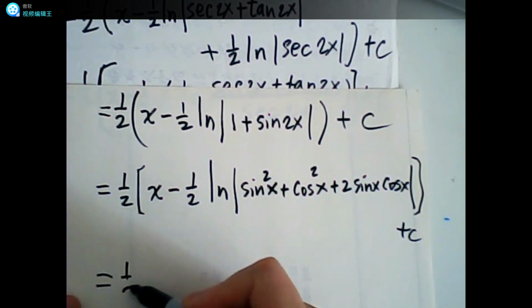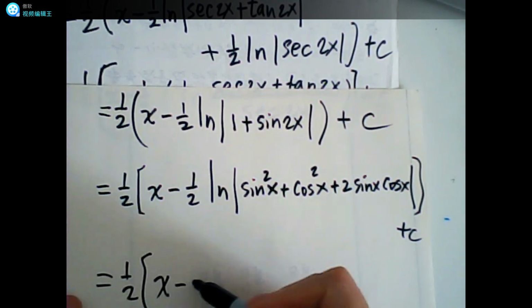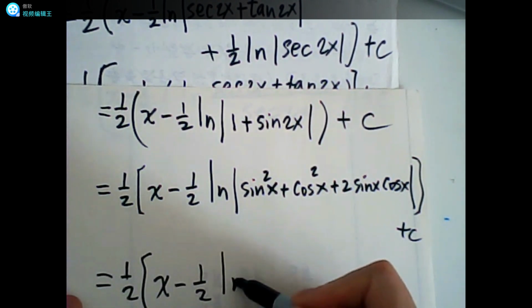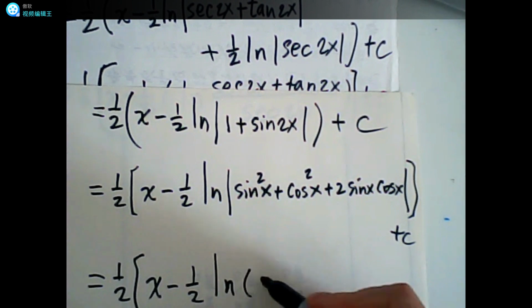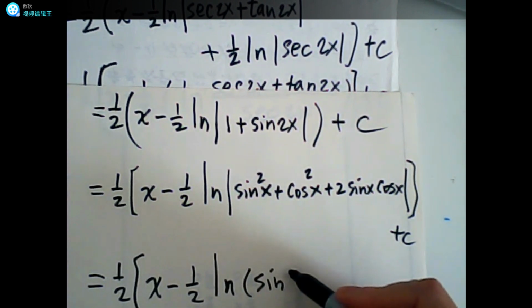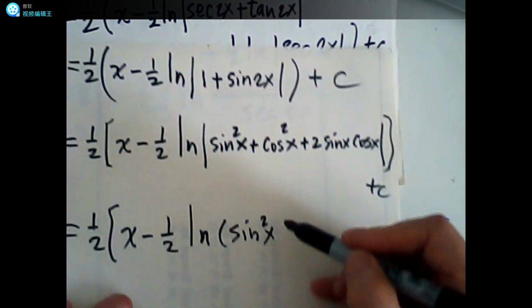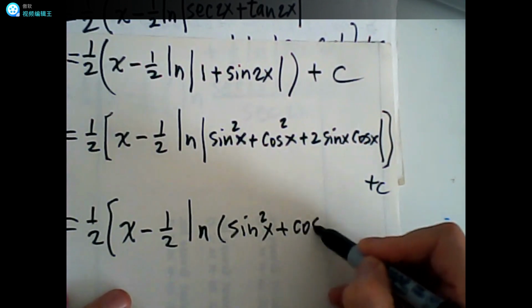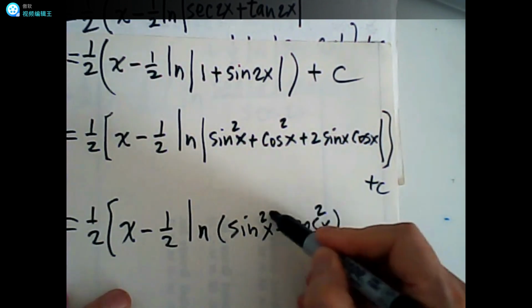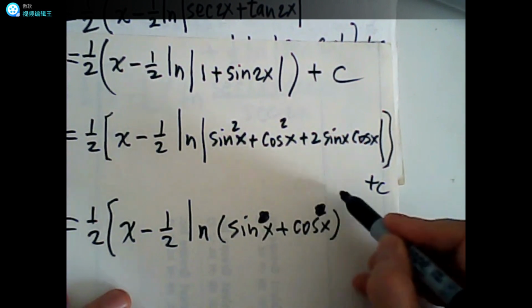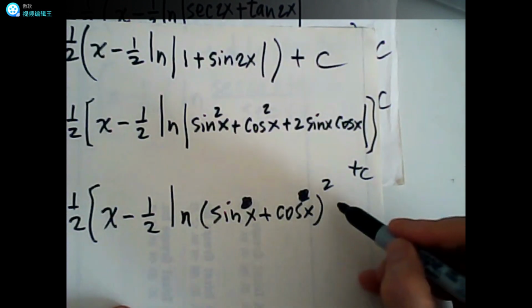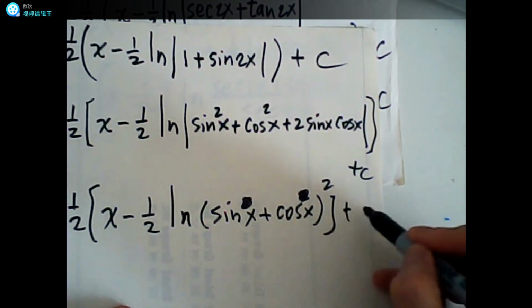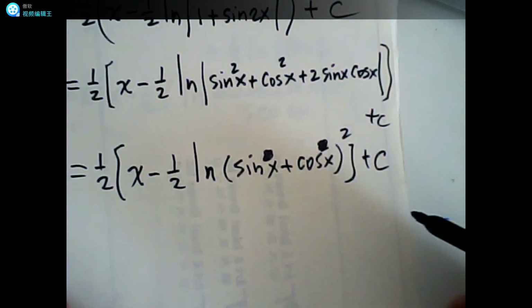So this is equal to half x minus half log of sine x plus cosine x, squared. Sorry, I made an error.